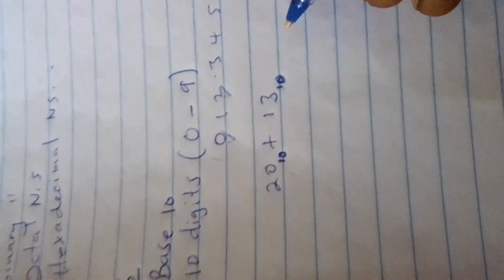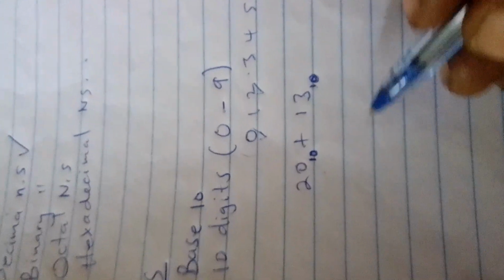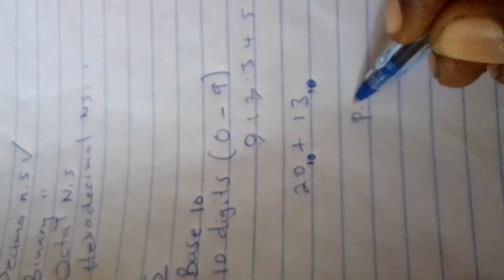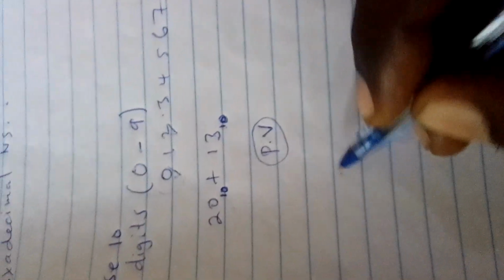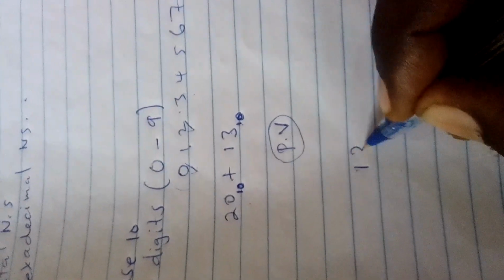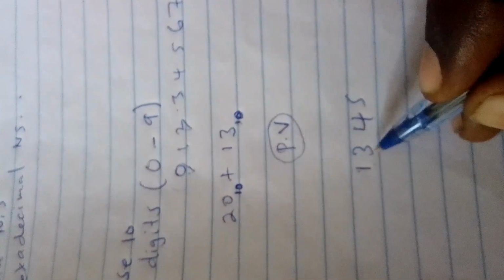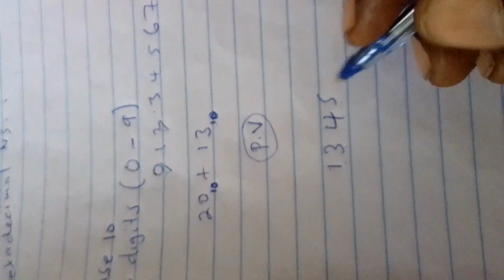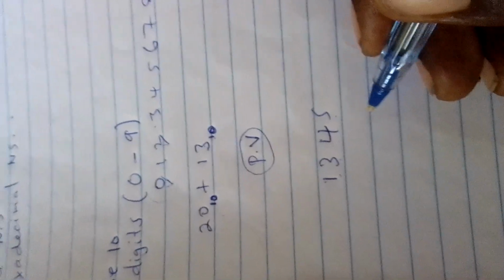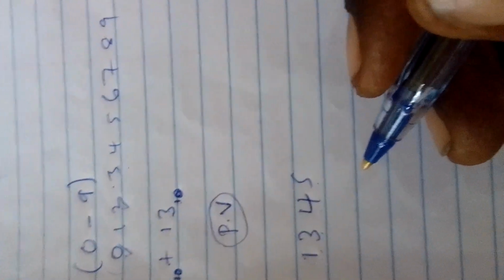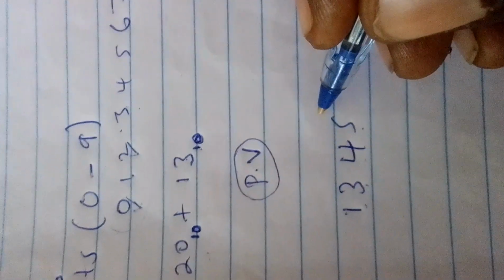So back in primary school, I believe that you did something on place values and getting the total value of a number. That is what will explain a base 10 number. If you want to get the total value of a number like 1345, first you have to know the place value of each digit.